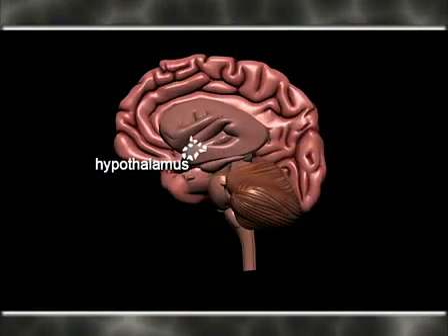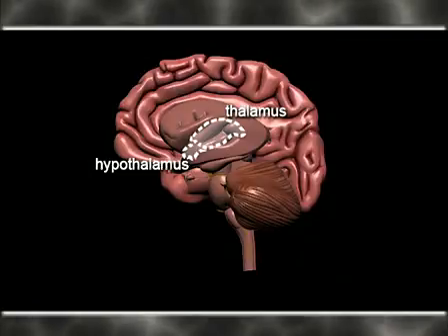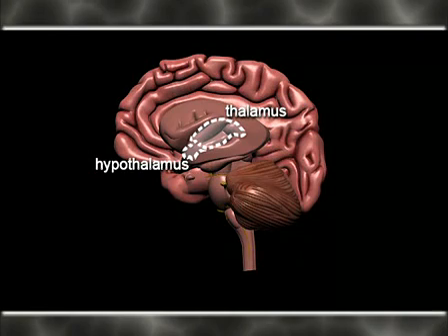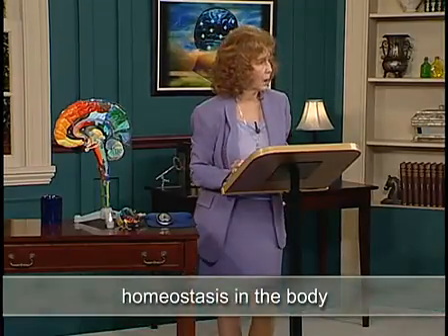Now, the term hypothalamus, also part of the diencephalon, hypothalamus being located below the thalamus. The hypothalamus is also made up of a number of individual areas. So there are many different areas in this collective term called the hypothalamus. Now, if we wanted to stand back and look at what the overall function of the hypothalamus was, it would be to maintain homeostasis in the body.